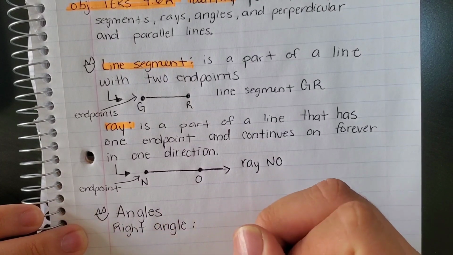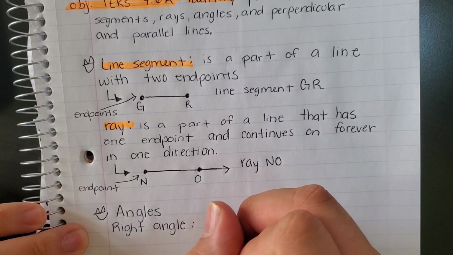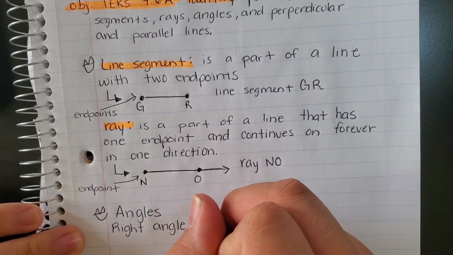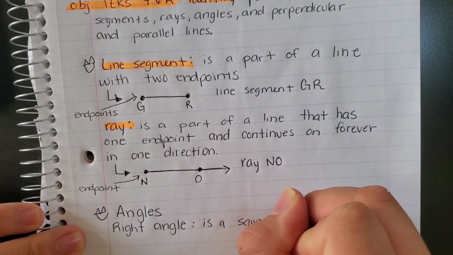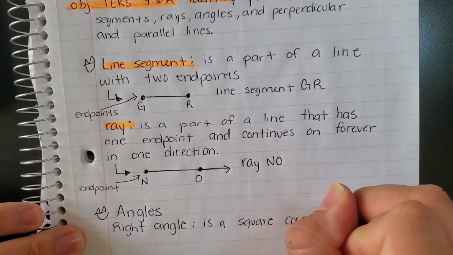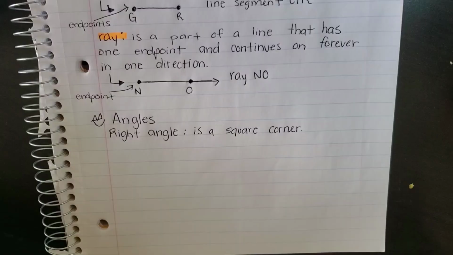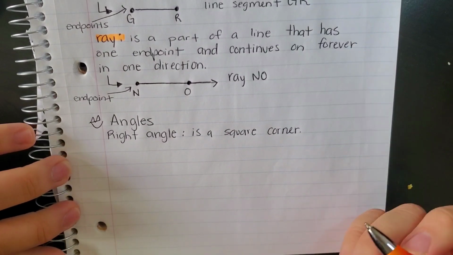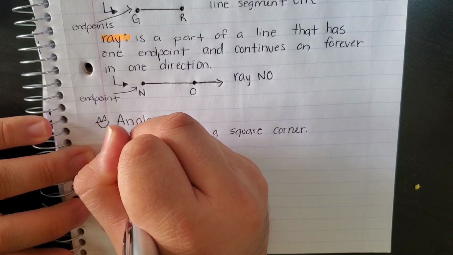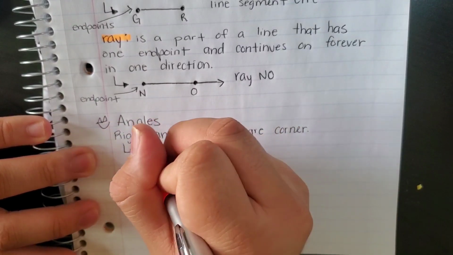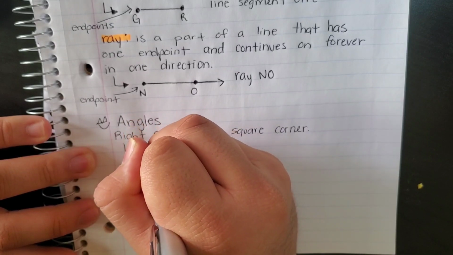A right angle is a square corner. Okay, so for this one, I'm going to pause again real quick. Sorry about that. So for this one, it's a square corner. This one will look like this. Okay, so the example is it has a square corner.